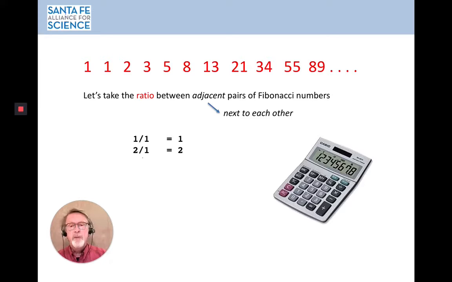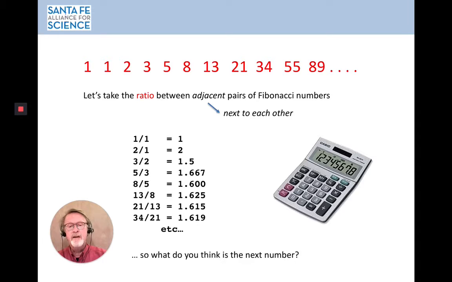The third pair, 3 divided by 2, is 1.5. 5 divided by 3 is 1 2/3. 8 divided by 5, etc., etc. So what do you think the next numbers are? You can stop the video here, you can pause it, and see how far you can go.